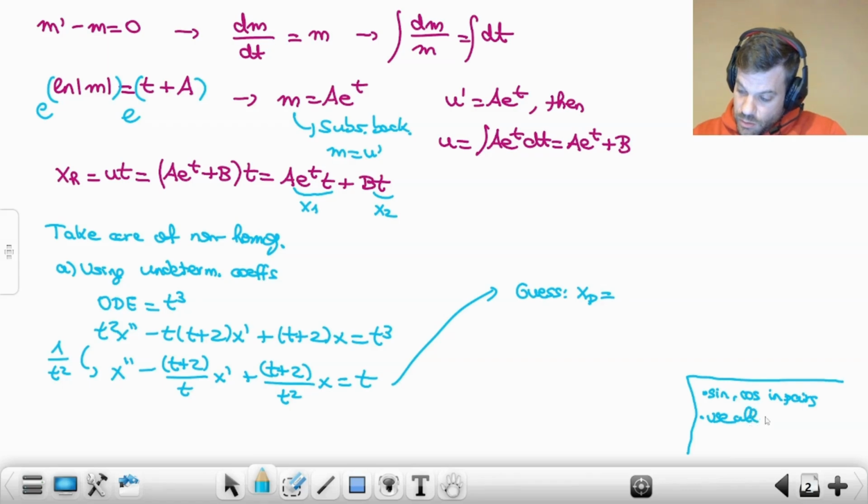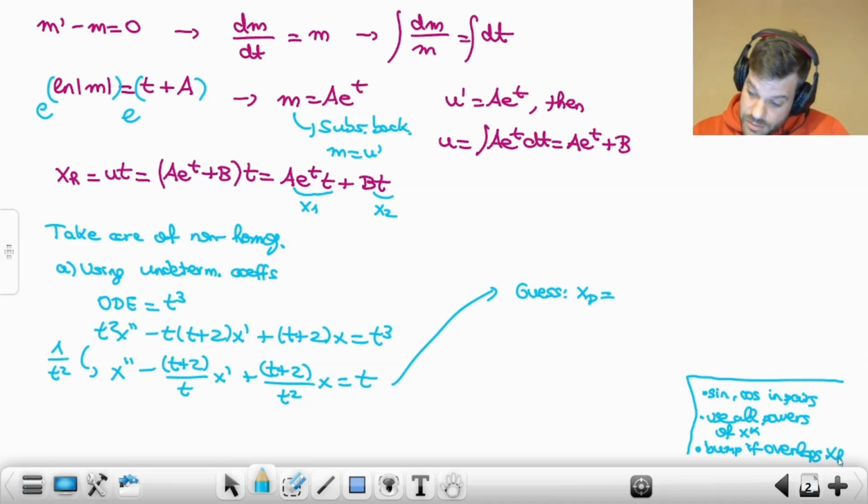Use all powers of x to the k, and bump if our guess overlaps with the homogeneous solution x_h. Okay, so we don't have sines or cosines, so rule 1 is useless in this case. Use all the powers, so our guess should be e t plus f, because we need to decrease until we get t to the 0. Okay, this is our guess.